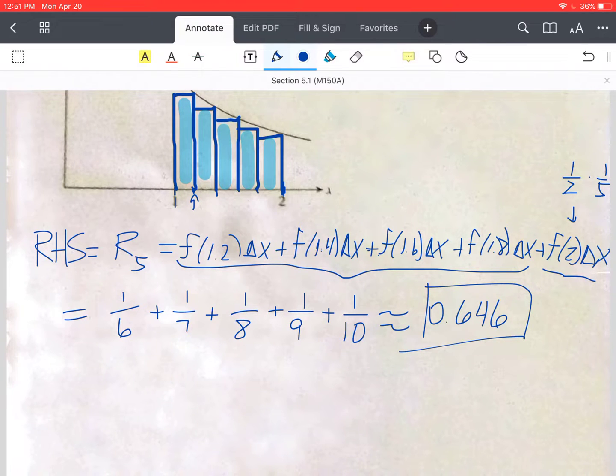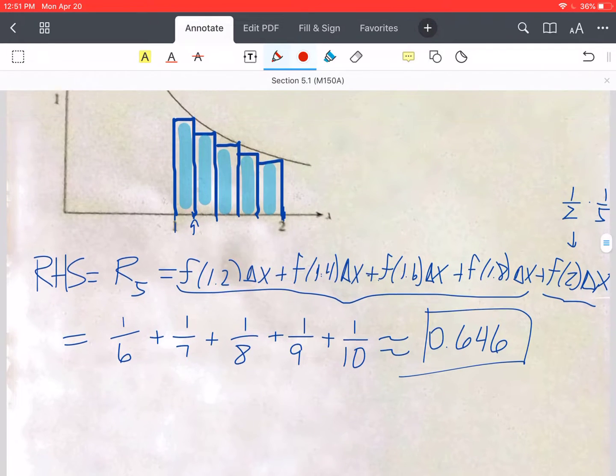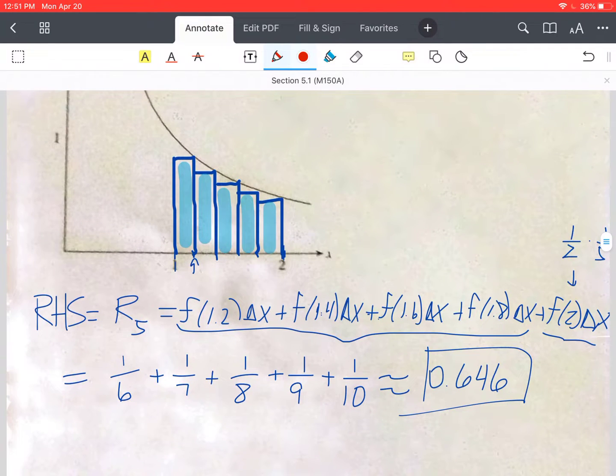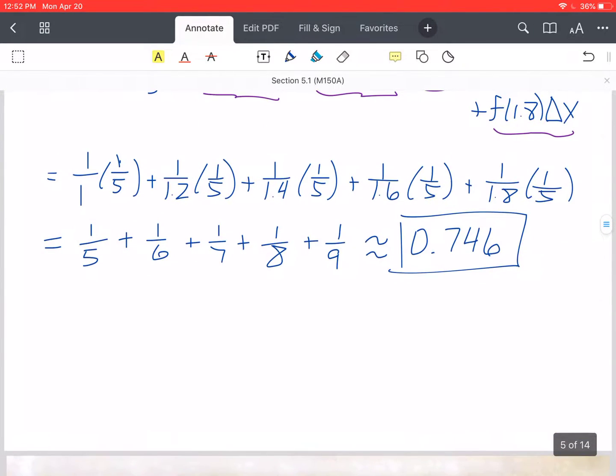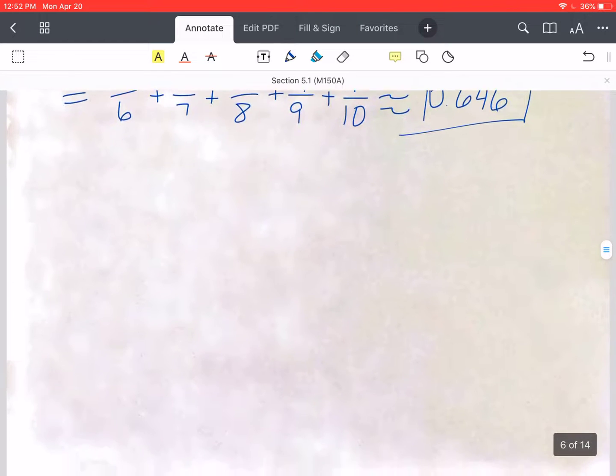So what does this tell us? In this case, we can see that my rectangles are a little bit too small. I have neglected some area here, here, here, here, and here. So that tells me this is going to be an underestimate of the actual area. When we're talking about what the actual area is, it's not as simple as taking an average of these two values, but we can use them as boundaries.